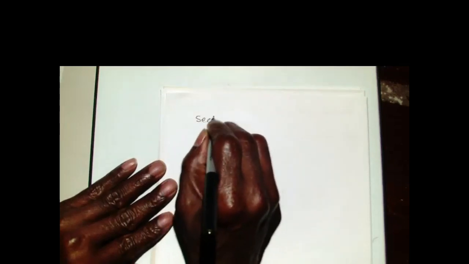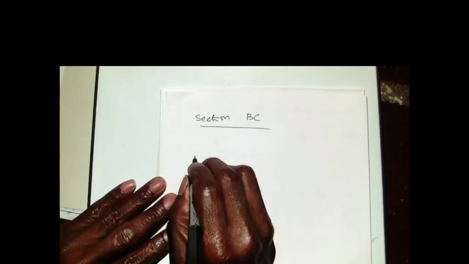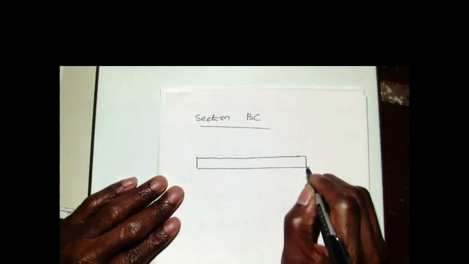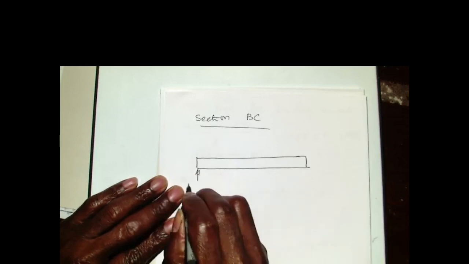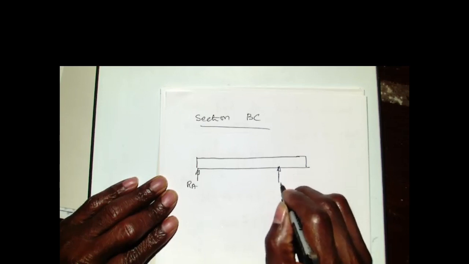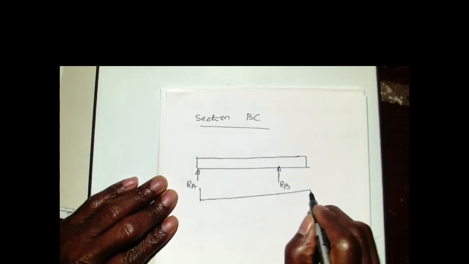So if we go to the second part, which is section BC, then we again draw our free body diagram. Now the section we are taking is beyond the support B. I have my RA here, I have my RB acting there, and I have my distance X, which is all the way to there.